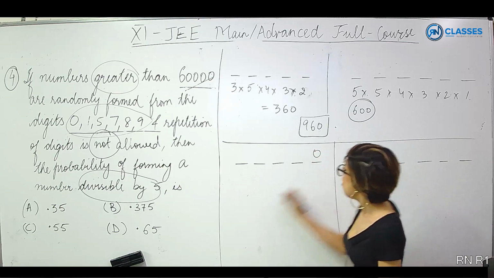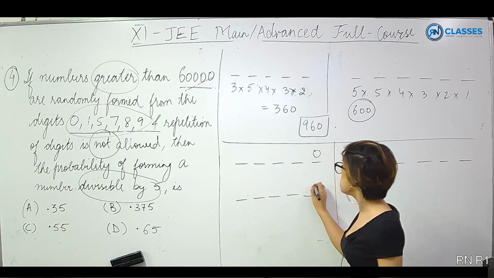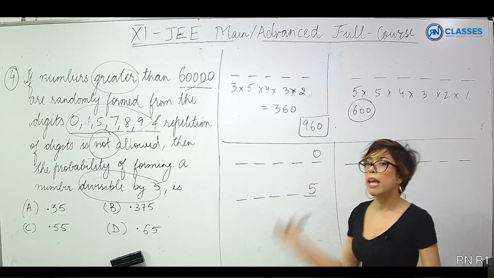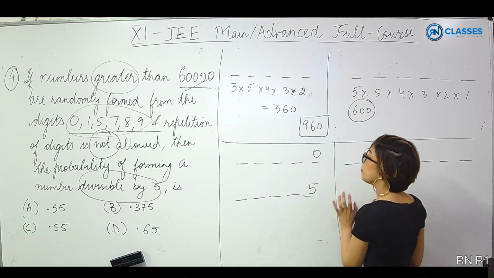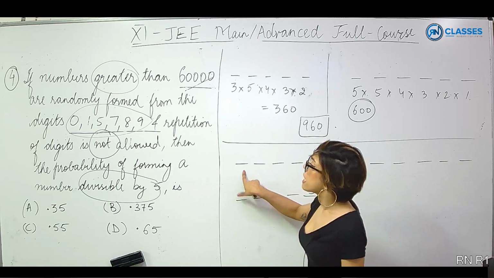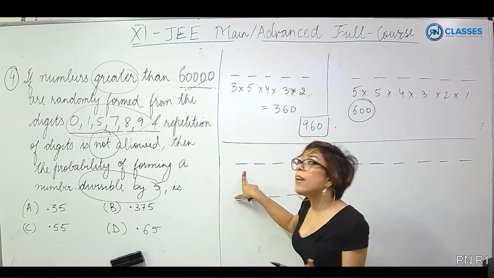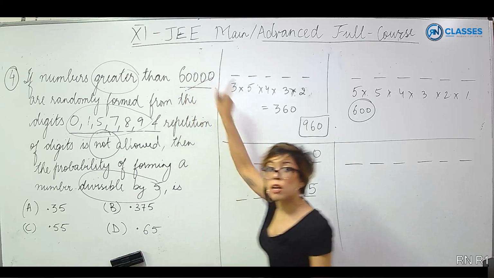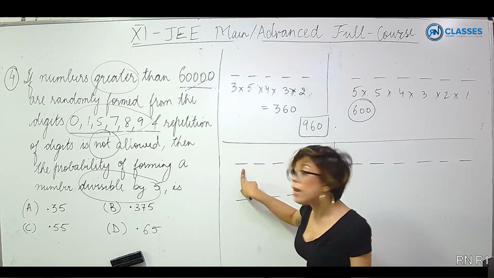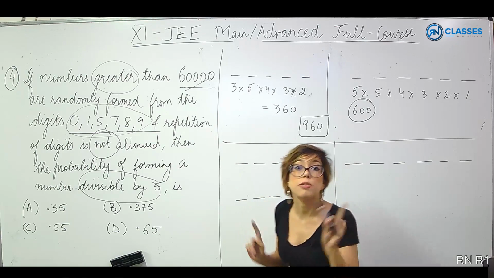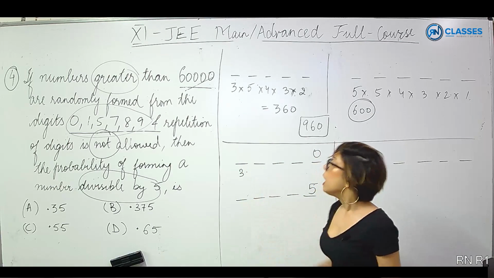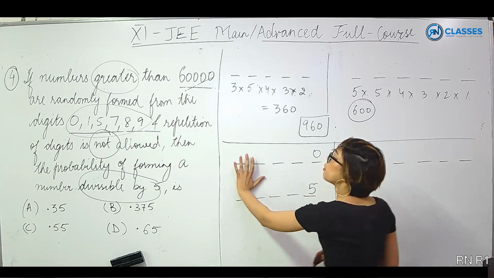If 0 is coming over here, let me see in how many ways I can fill the first place. Mind it, the number has to be greater than 60,000, so either 7, 8 or 9 will come. 3 possibilities.